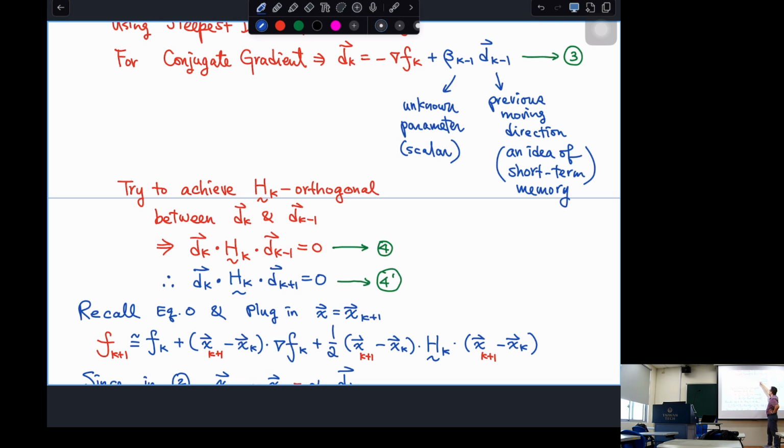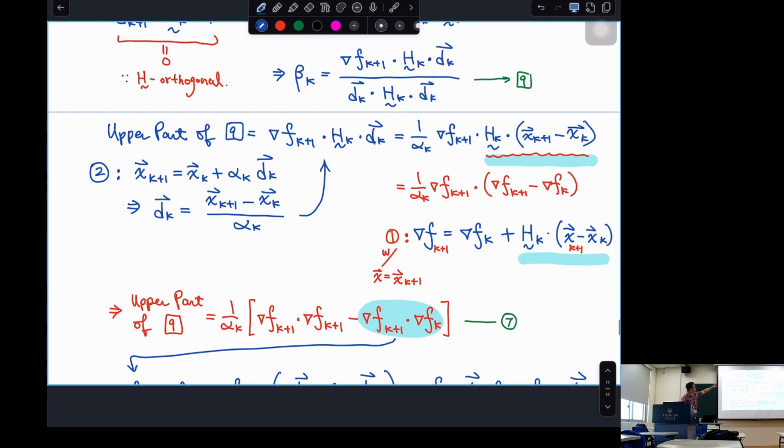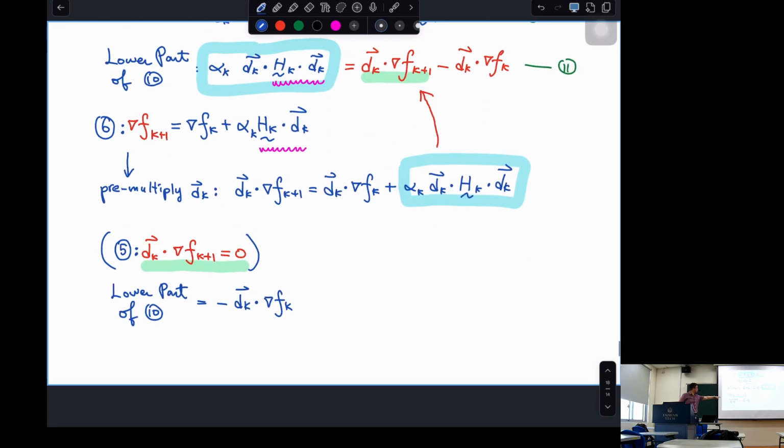Then you cannot determine what beta k minus 1 is. So inside the derivation of beta k, we now figure out the bottom part can be rewritten as negative dk dot gradient fk, but we don't want dk to be shown because we compute beta for dk.